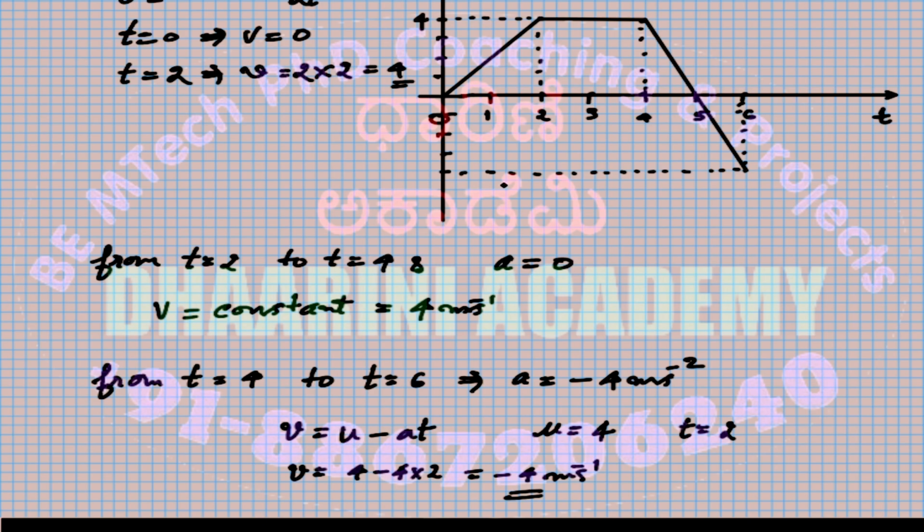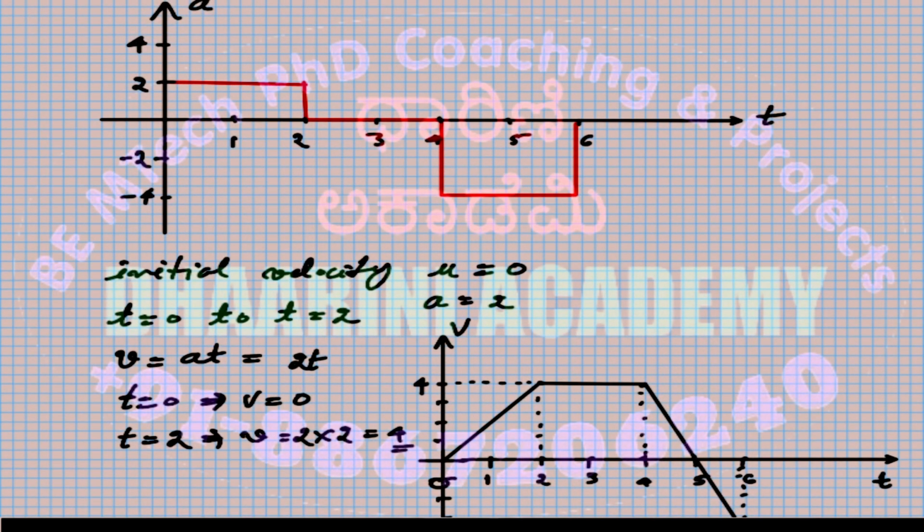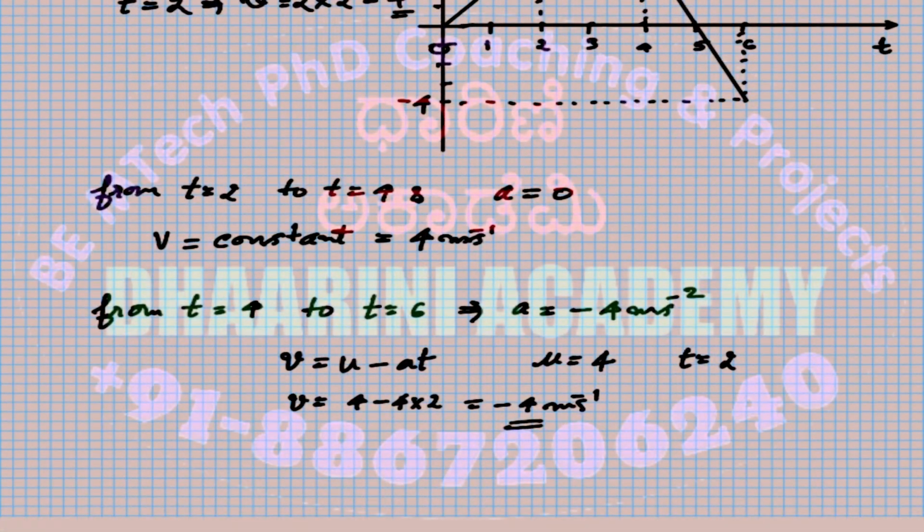At the end of 6 seconds, I should be able to show that this is minus 4. So we could convert the given acceleration time graph into the velocity time graph. I just have to understand what the condition is, what particular type of motion it is, and I should be able to convert the given data into the other data using the table which we have written earlier.